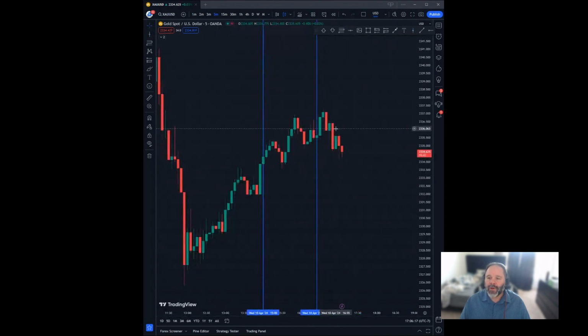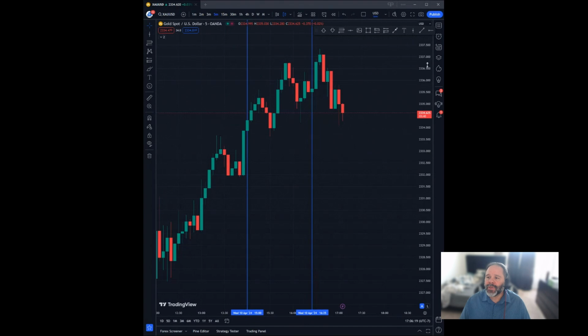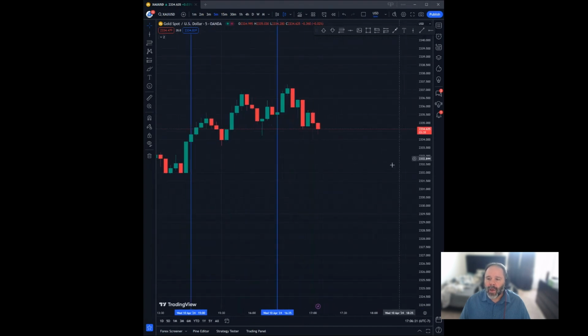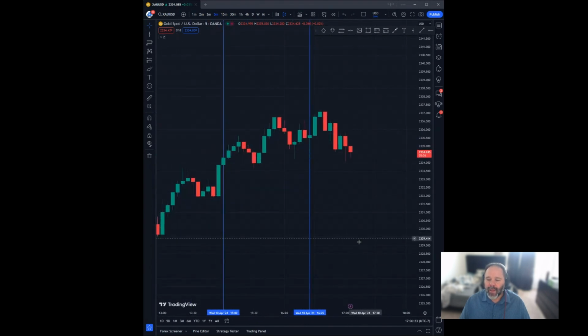So now you have found these two candles. Why 1625? Because the 1625 candle starts at 1625, but it will end at 1630. That way we are analyzing 1500 to 1630.